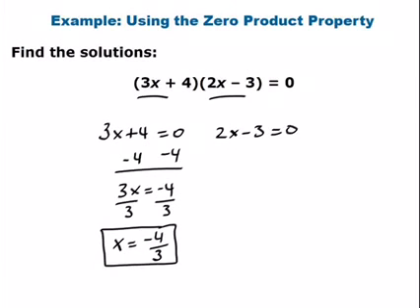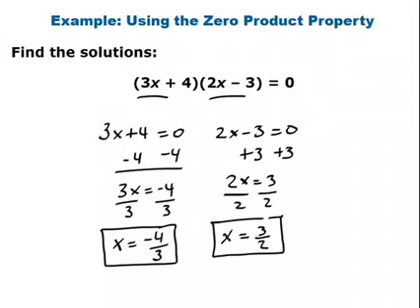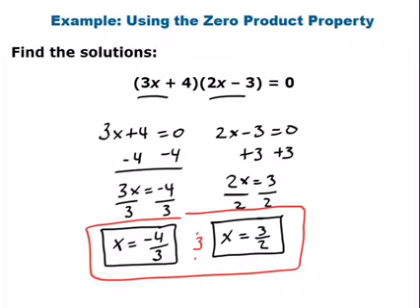So there's one answer. Then we solve the one on the right. We'll add 3 to both sides. So 2x equals 3. Divide by 2. x equals 3 over 2. So our two solutions are x equals negative 4 thirds and x equals 3 over 2, or 3 halves. You can put these in decimal form if you want. I prefer fractions.